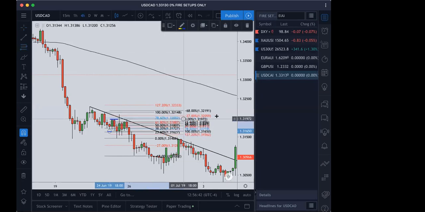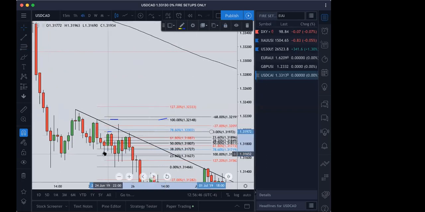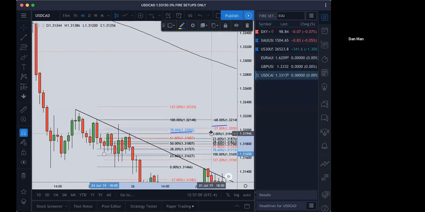Okay, what can you find? I see the time for this 78.60, but then on the lower one from the low to high, I see there is the minus 27, close to the 78.60.